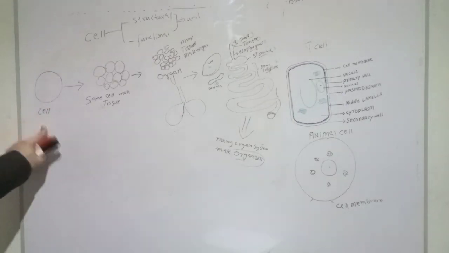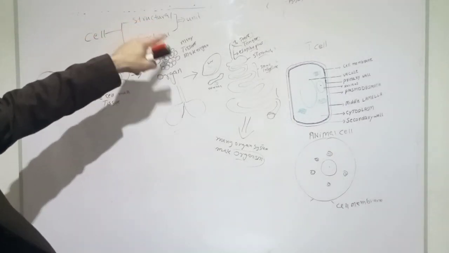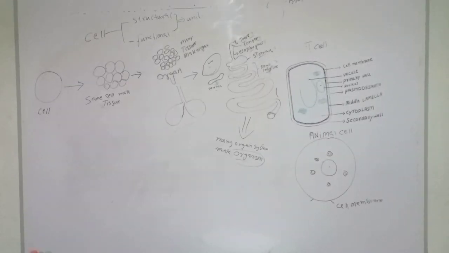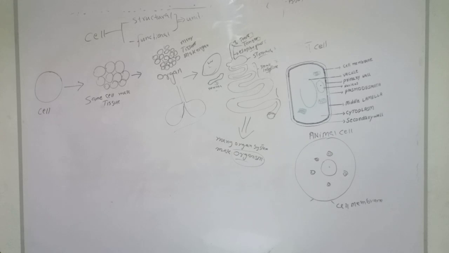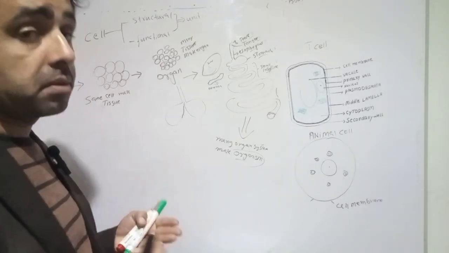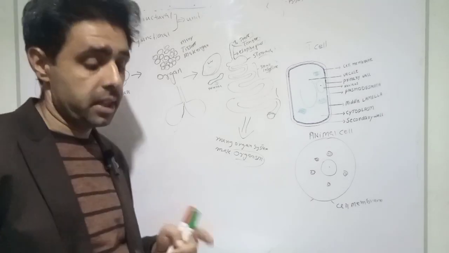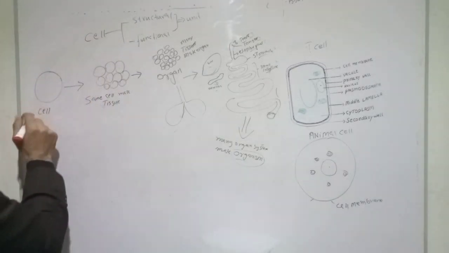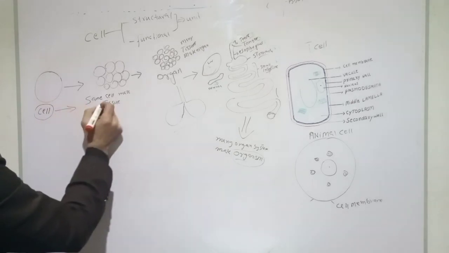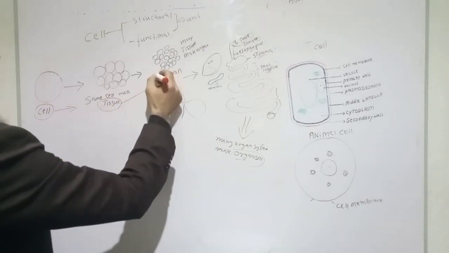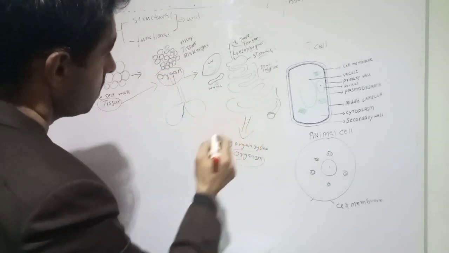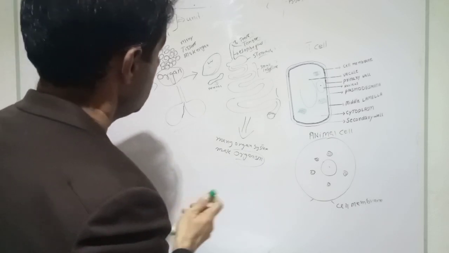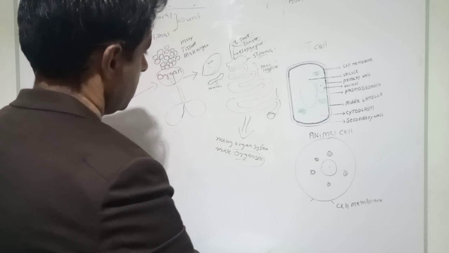What is the cell? Cell is the structural and functional unit of living things. How? It makes tissues, tissues make organs, organs make organ systems, and many different organ systems collect and make an organism. Cell makes tissue, tissue makes organ, organ makes organ system.